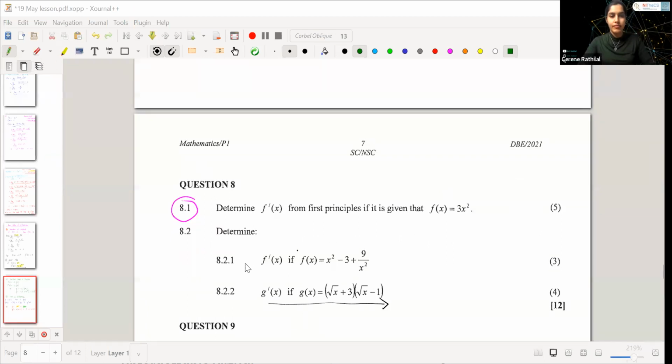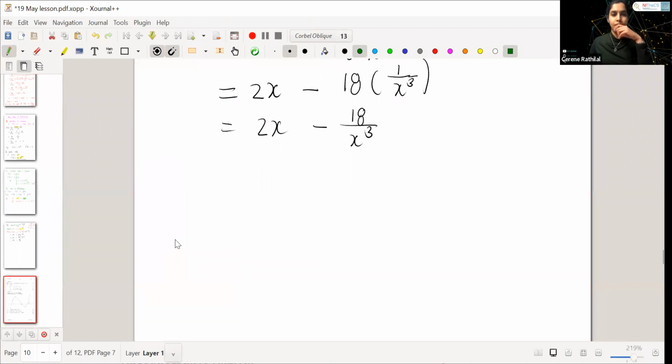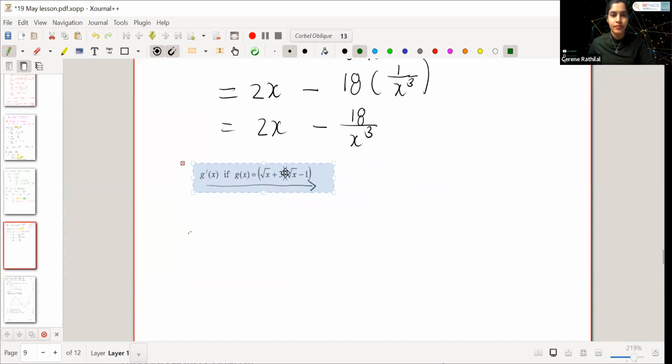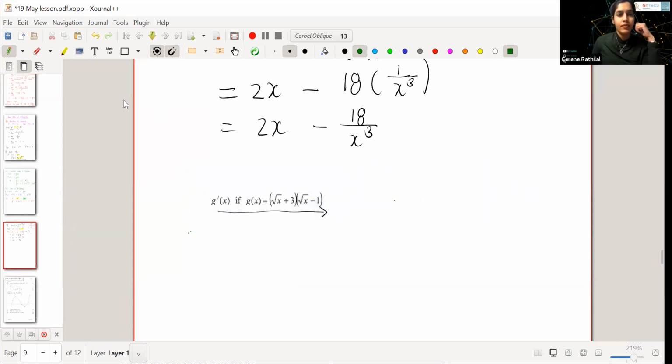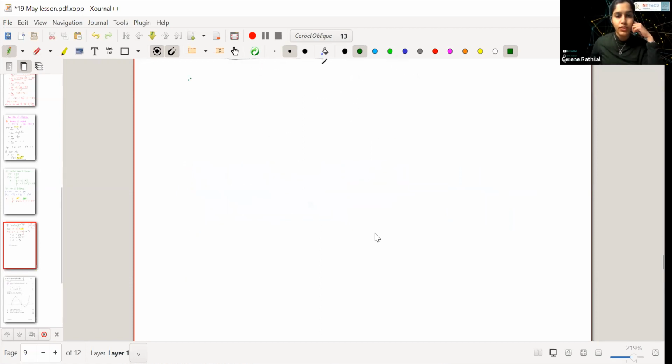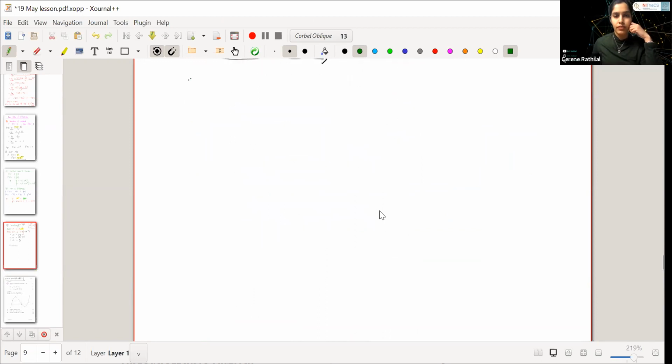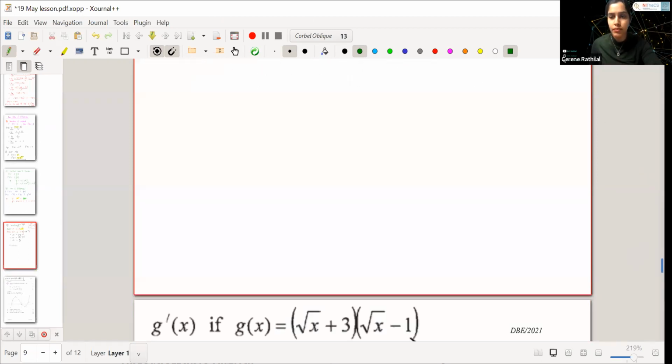All right, so this is what we want to answer. And this was a question, if I'm not mistaken, from the paper. It's not scrolling, let me scroll down on my own.